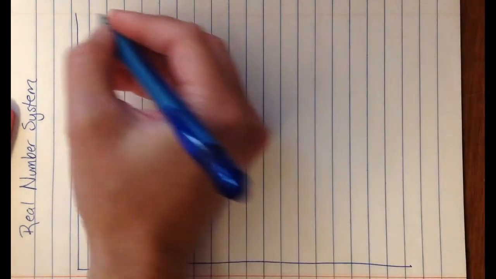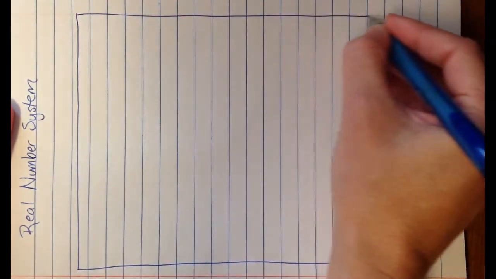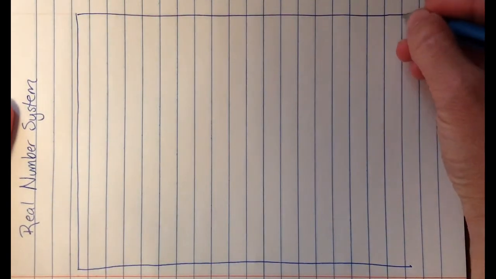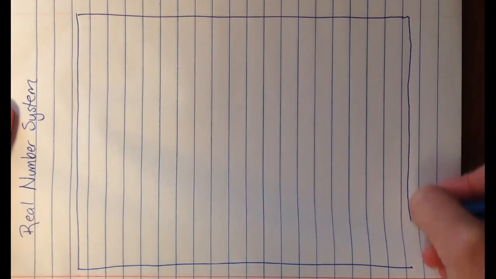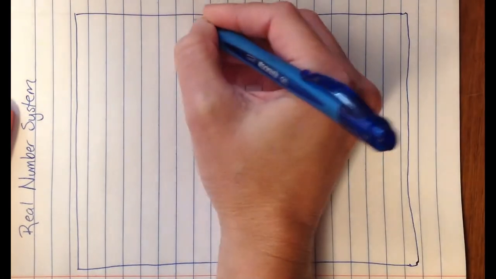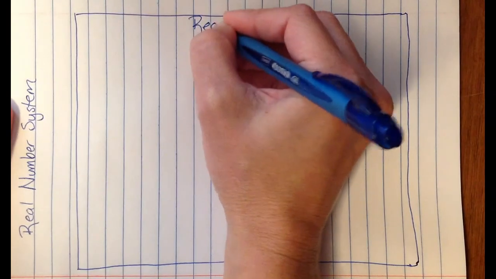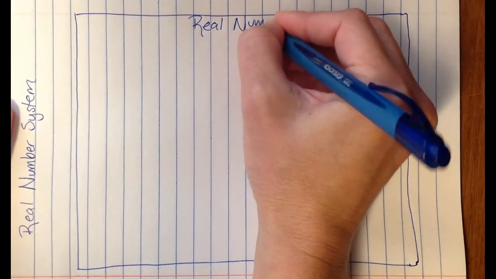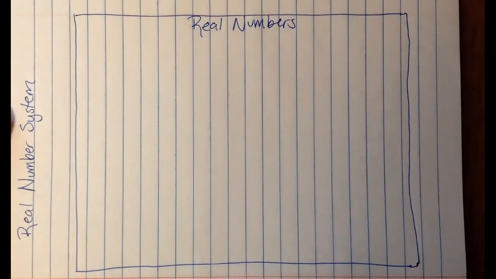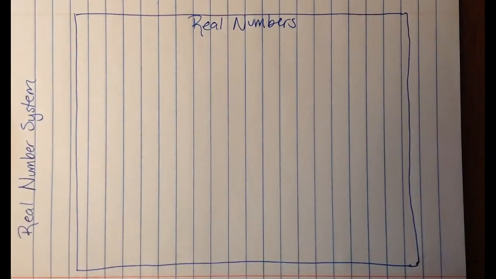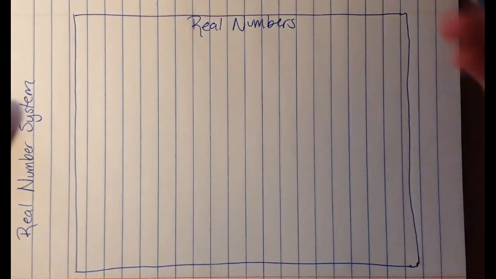So just draw a rectangle. Remember, this represents all the real numbers. And so I'm going to write real numbers. Because this whole rectangle, remember, is all of the real numbers that we know about.